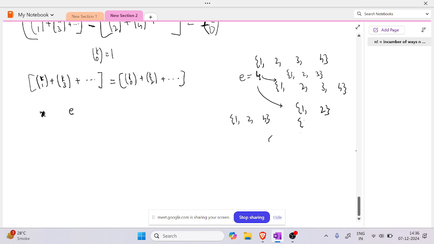And if it did not contain that element before, even after inserting it, 4 itself belongs to S, so it doesn't change the fact that the subset belongs to S. So they are unique subsets, they are of odd cardinality, and they all belong to S.